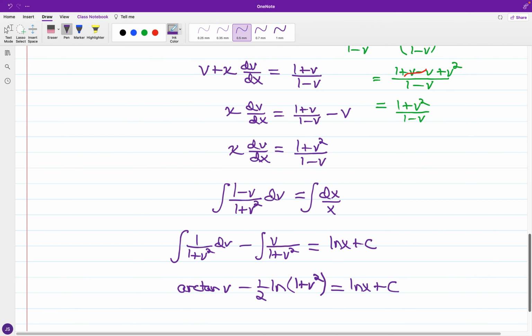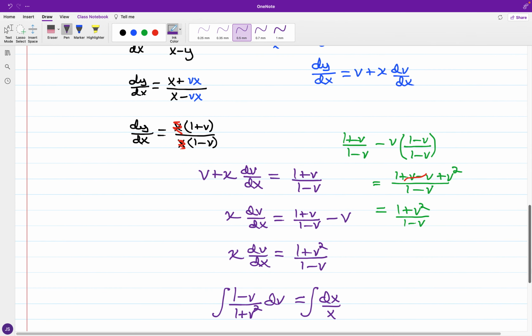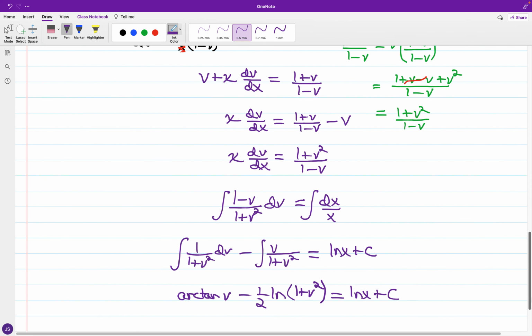And if I look at back substituting again, so we had that v is equal to y over x.